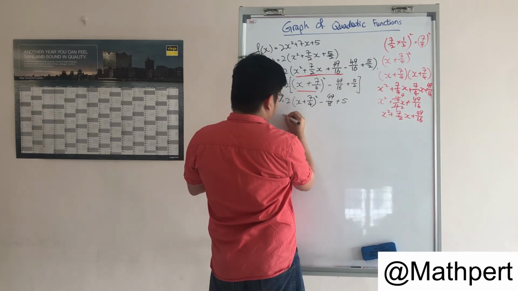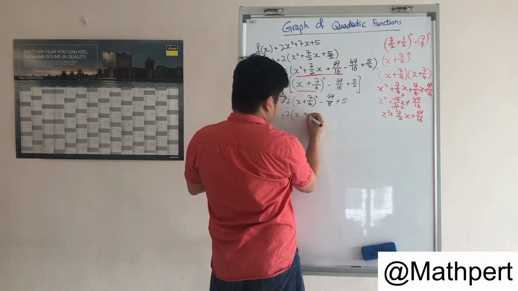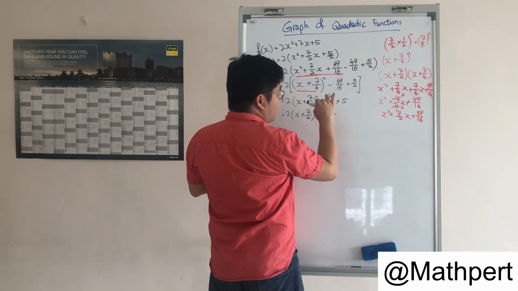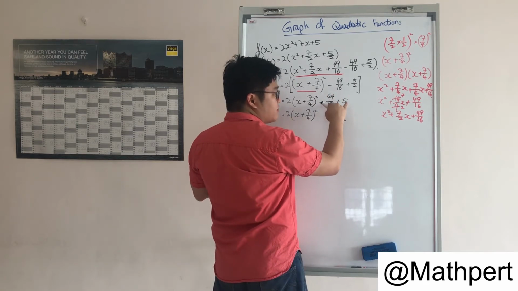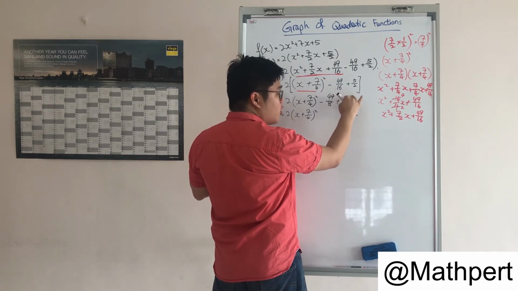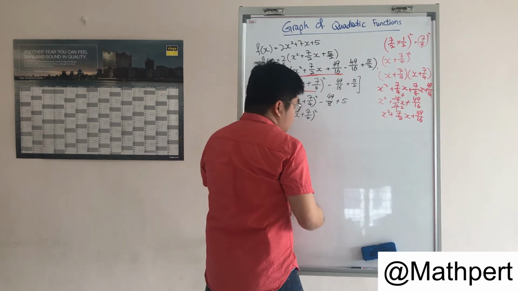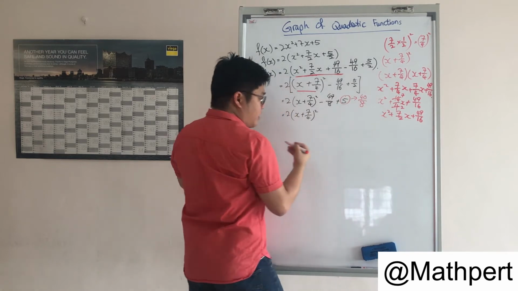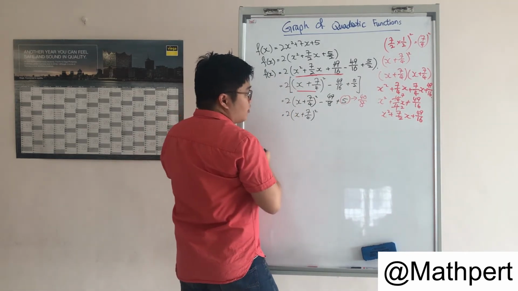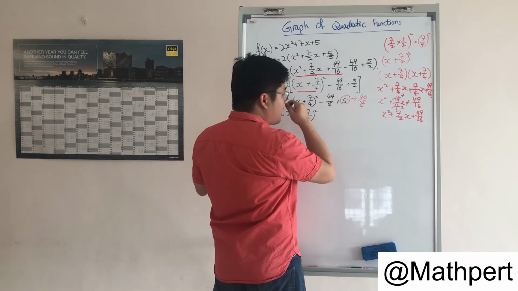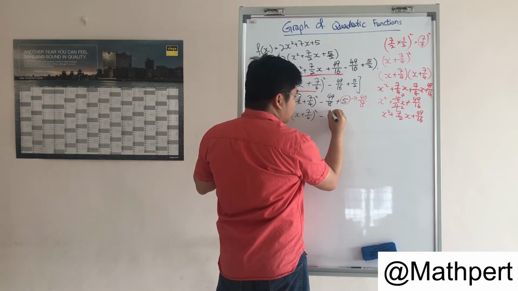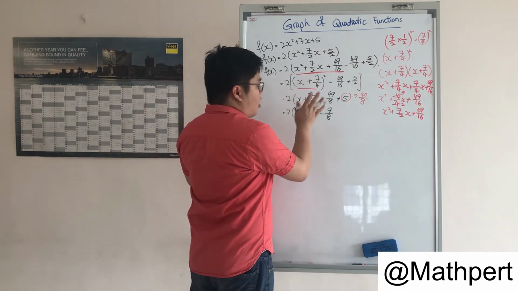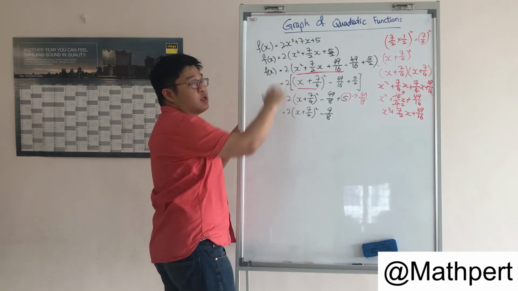So we get 2 times x plus 7 over 4 squared minus 49 plus 40 over 8. So minus 49 plus 40, you get minus 9 over 8. So now we get the completing square form for this equation.